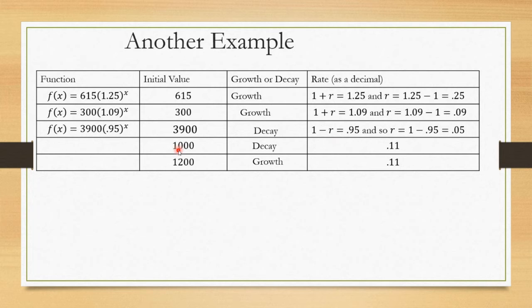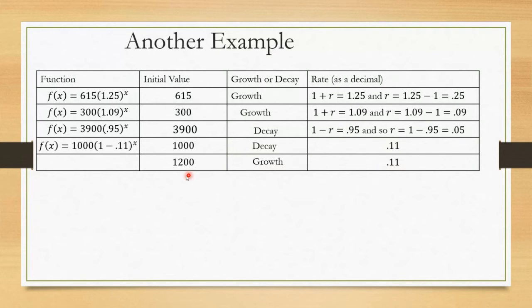So for instance, the initial value is 1,000, it's decaying, and the rate is 0.11. So the exponential function will be 1,000 times 1 minus 0.11. Again, the initial value is 1,000, we want minus because we want it to decay, and R is still 0.11.